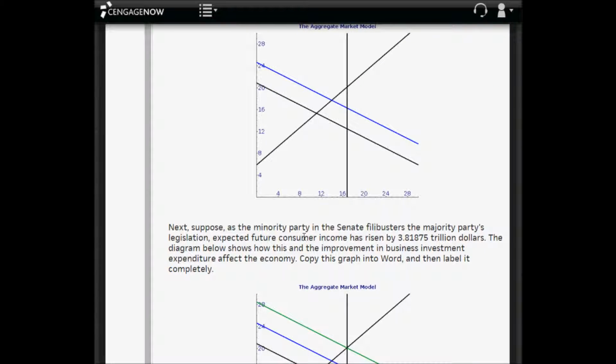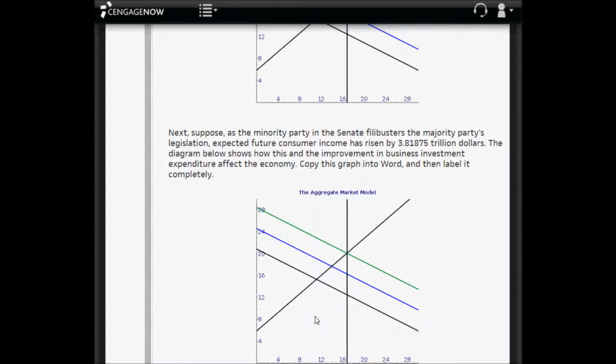Next, suppose, as the minority party in the Senate filibusters the majority party's legislation, expected future income has risen by $3.81875 trillion. The diagram below shows how this and the improvement in the business investment expenditure affect the economy. So the improvement in business investment expenditure pushes aggregate demand here. The improvement in expected future income pushes the economy to this point.